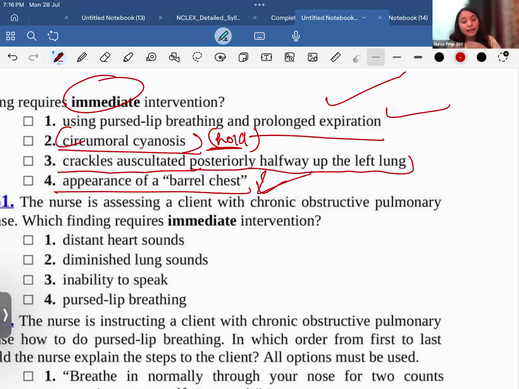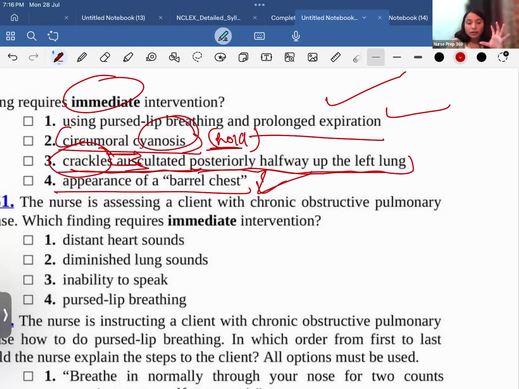Here the patient has circumoral cyanosis in parallel with crackles auscultated posteriorly halfway up to the left lung. Very good. A crackle sound is heard when there is fluid in the lung cavity. That's why we are keeping this as a priority, because a little bit of cyanosis is expected in COPD and emphysema.